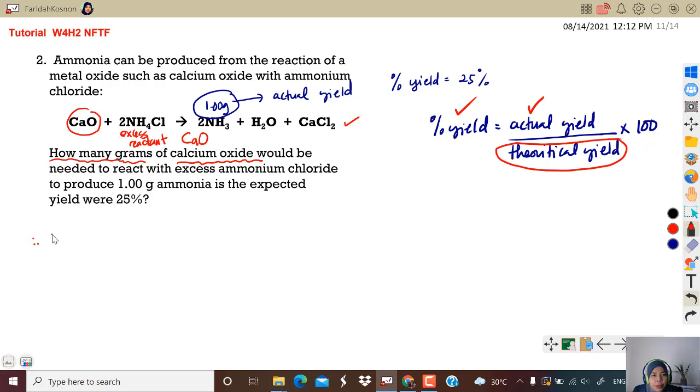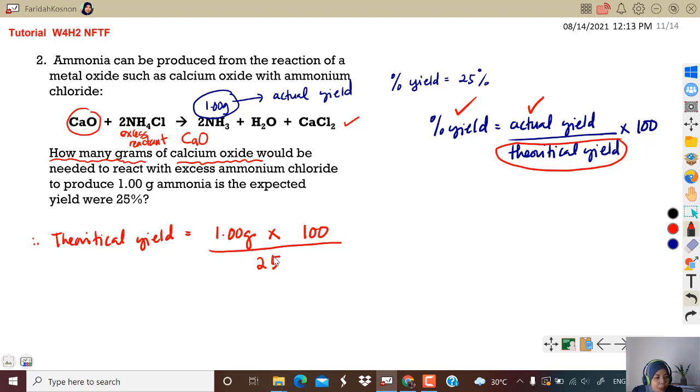First, theoretical yield adalah actual yield darab 100 bahagikan dengan percentage yield. So, theoretical yield kat sini adalah actual yield 1.00 gram times 100, divide by 25.